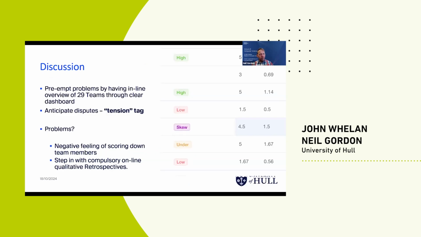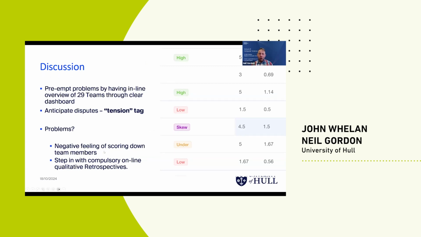Again, by having the dashboards on what teams are doing, we can identify where the problems are. We've had a sort of tension tag now. We can see if there's an issue in the team, so maybe someone isn't pulling their weight, we can get that flagged up and look at that team and chat to that team and try and deal with it. There are some problems too.